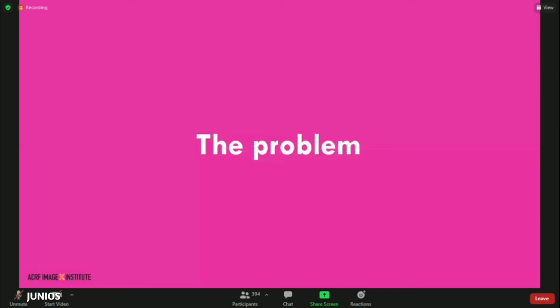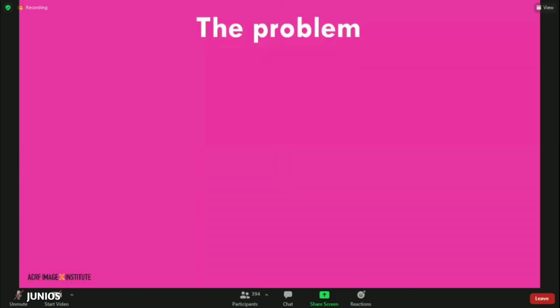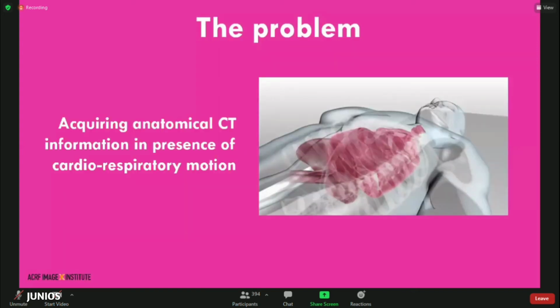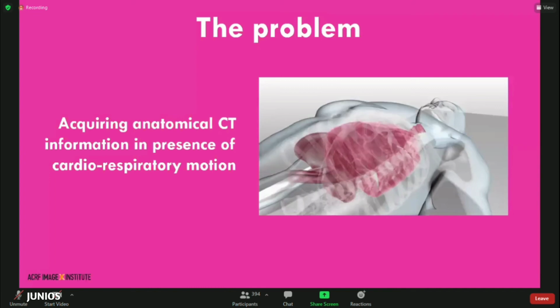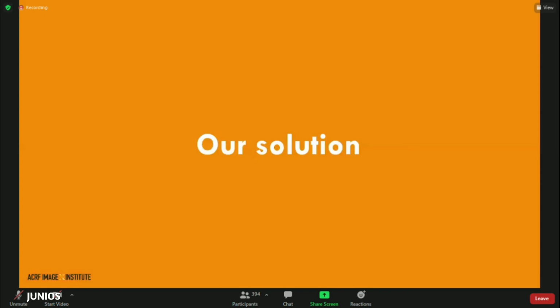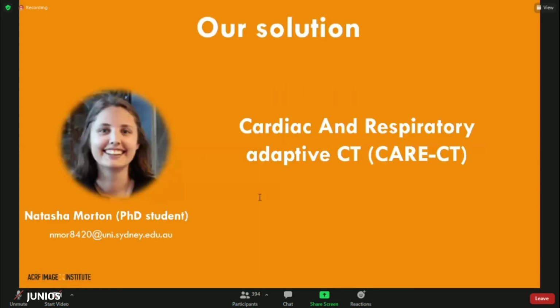As discussed earlier, these targets move with cardiorespiratory motion, and this can challenge our current imaging modalities, which are often prone to motion artifacts. To overcome this, a PhD student, Natasha Morton, is developing cardiac and respiratory adaptive CT to reduce cardiac motion artifacts in planning CT datasets.